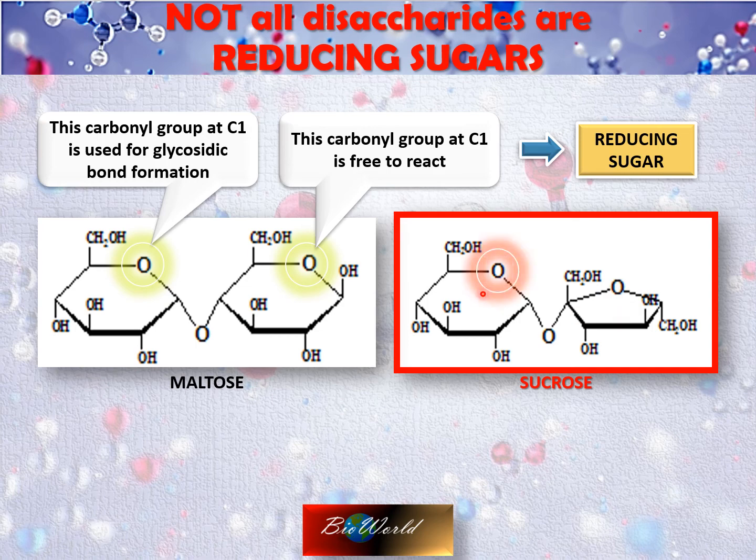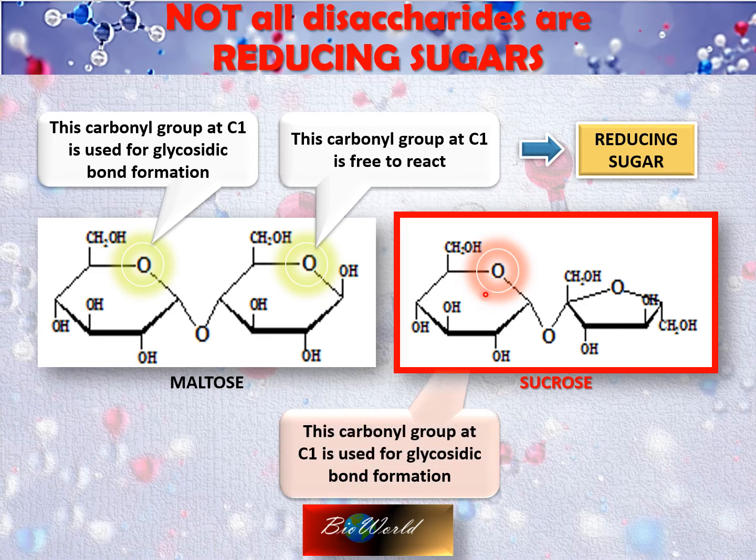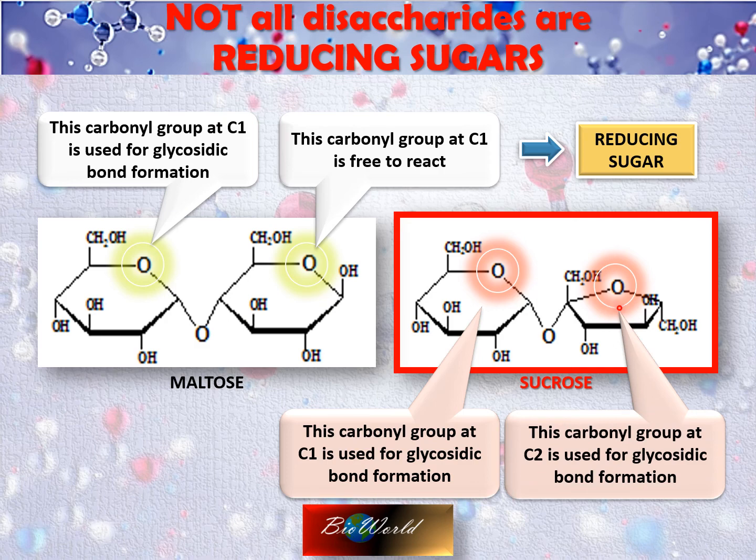But the oxygen on the glucose molecule is involved in forming the alpha 1,2 glycosidic bond, and the oxygen on the fructose end is also being used to form the alpha 1,2 glycosidic bond. So there are no free oxygen atoms to donate electrons. So that is why you find sucrose is not able to reduce copper sulfate in the Benedict's solution to copper oxide, making sucrose a non-reducing sugar.